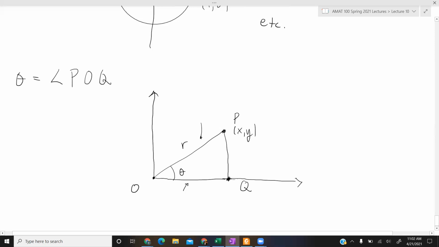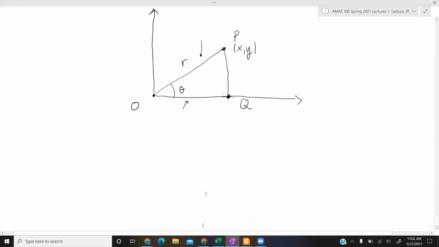Theta is the amount you have to rotate the initial side so that it coincides with the terminal side, and that's the angle measure. First of all, r is the distance of the point to the origin, so that means r is the square root of x squared plus y squared.